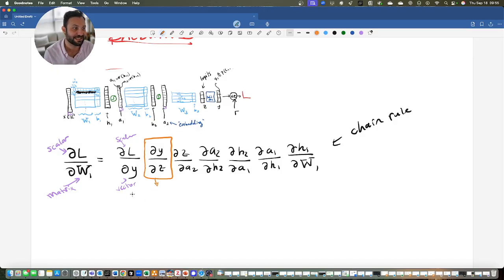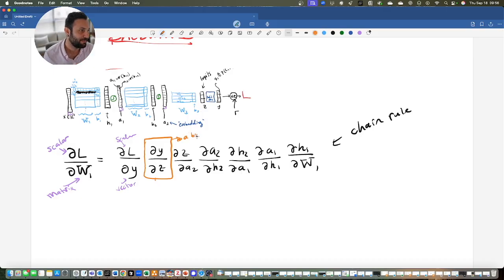Let me not write what it is yet, because I will go over this. I kind of did cover it in the last video when I was calculating the classification layer.